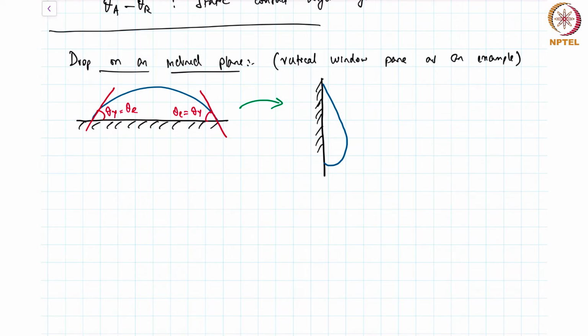If you haven't seen it, then go to the nearest glass window, sprinkle some water on it, and see what happens to these water droplets. What you will see is the larger droplets will tend to flow down.